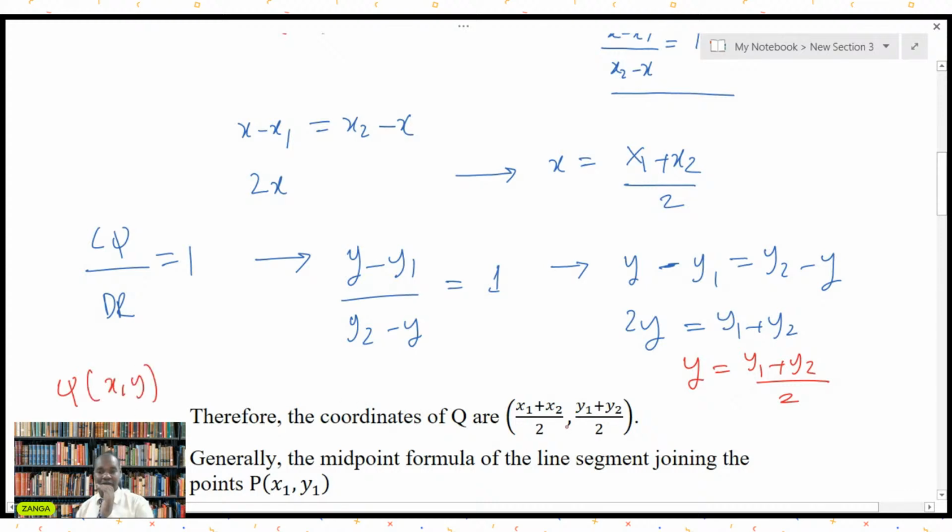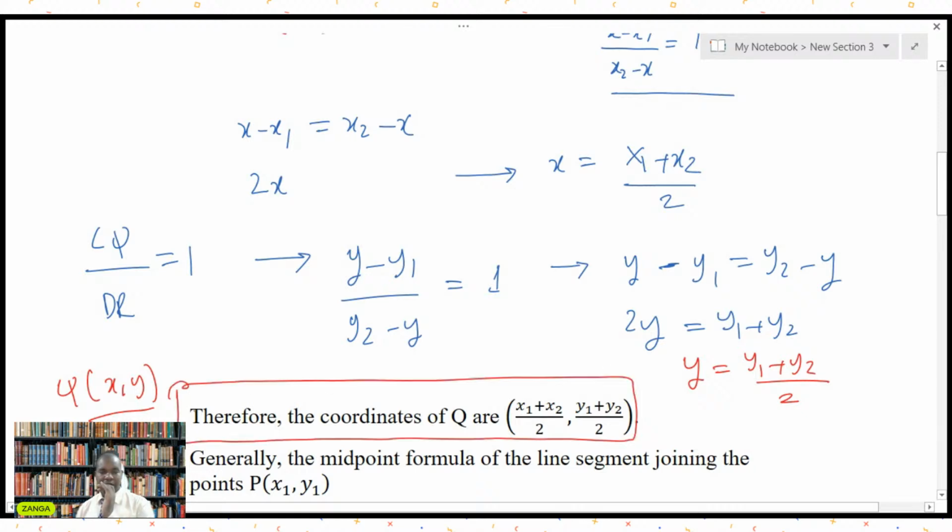And so combining these values, x and y, eventually the midpoint now is going to be given by this formula here. You might not remember the derivation of these formulas, but it's utmost important. It's very important to be able to remember the formula for the midpoint.